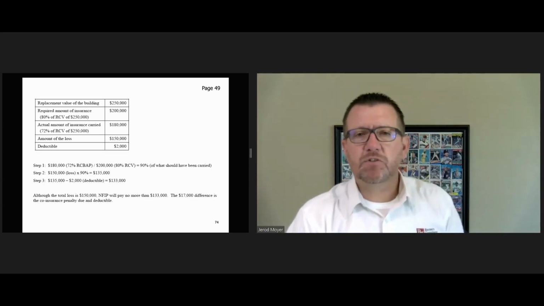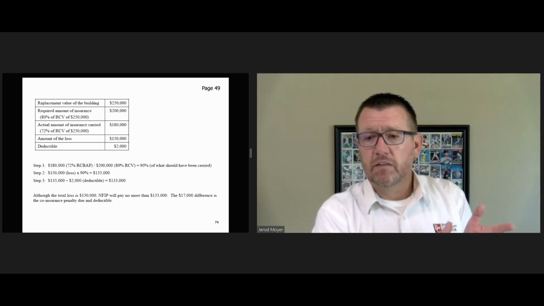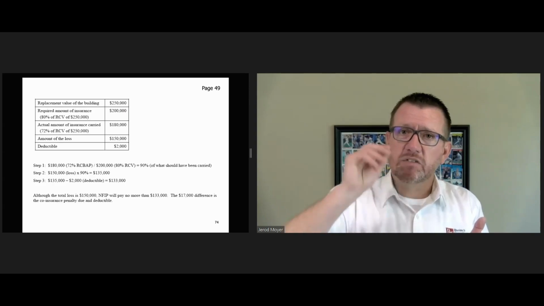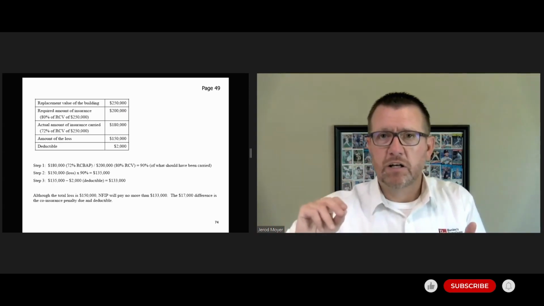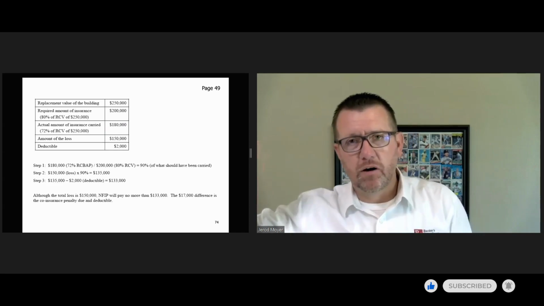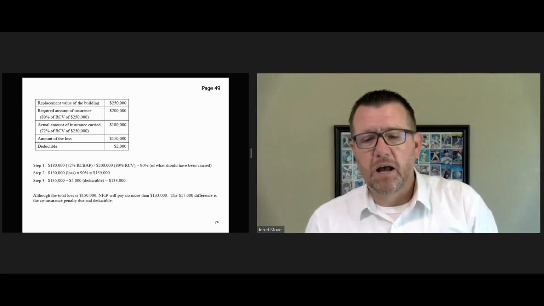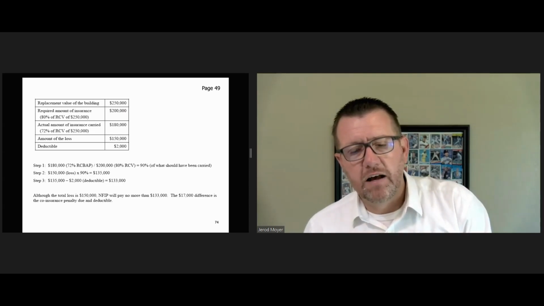So we take 90% times $150,000, because when they bought their policy at $180,000, because they didn't buy it at 80%, $200,000, they have 90% coverage relative to the face value of their policy. So that loss is not $150,000 in their back pocket. It's only going to be $135,000.